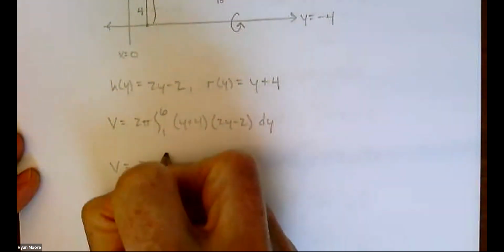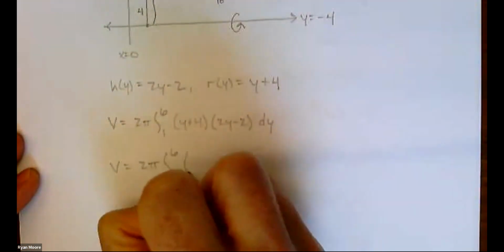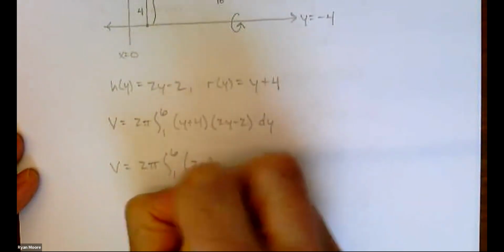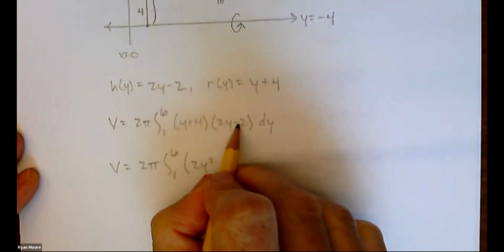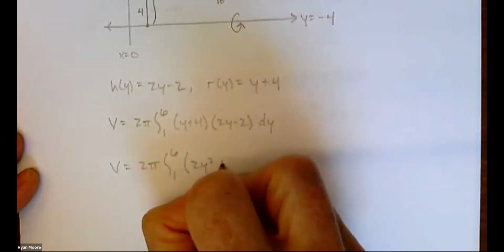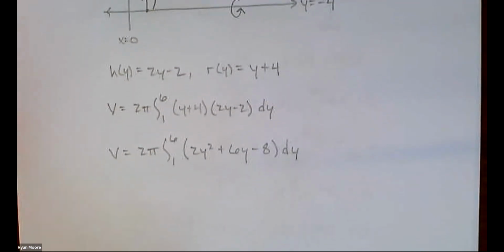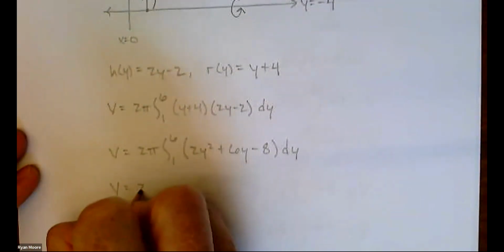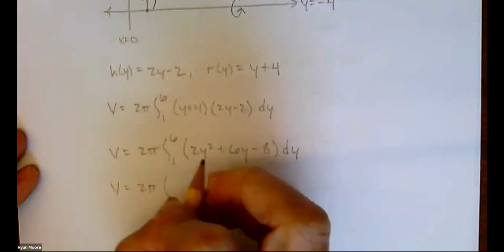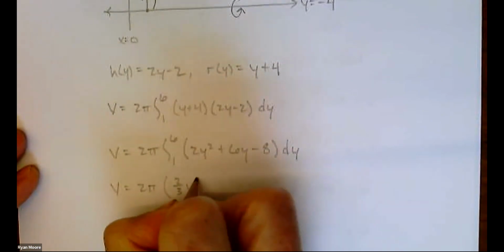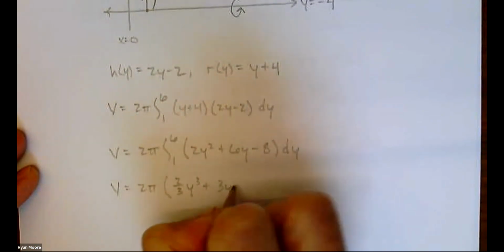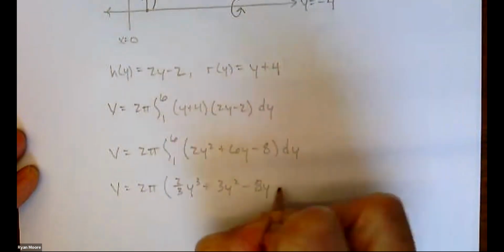And now we can start to simplify. We got 2y squared minus 2y plus 8y is plus 6y minus 8 dy. Antiderivatives: 2/3 y to the third plus 3y squared minus 8y from 1 to 6.